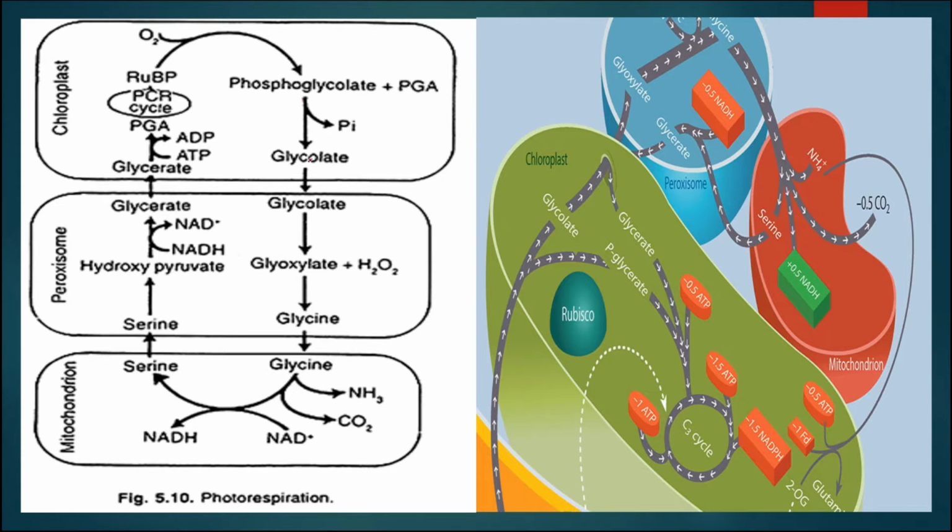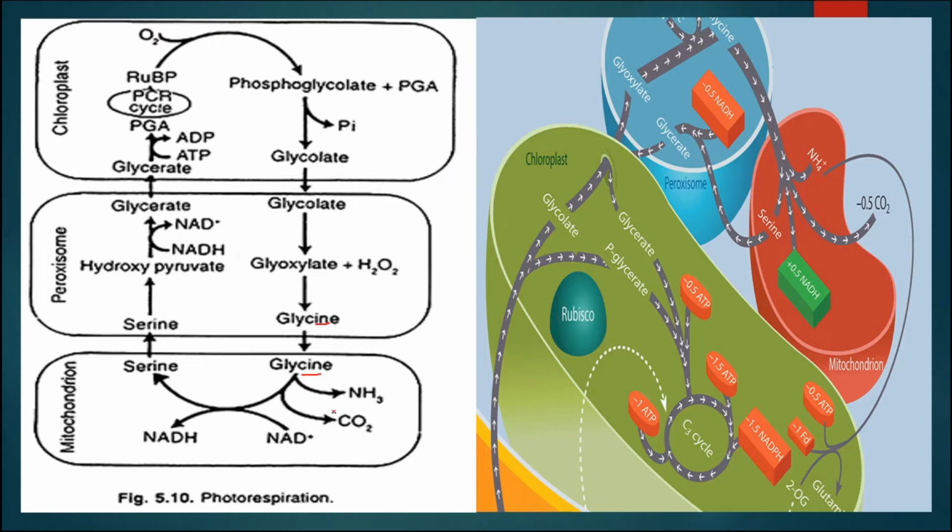Now these are converted into glycolate. This glycolate is now transported into the peroxisome, where it will be converted into glycine through glyoxylate and H2O2, that is hydrogen peroxide. The end product is glycine, and now this glycine will be transported into the mitochondria.